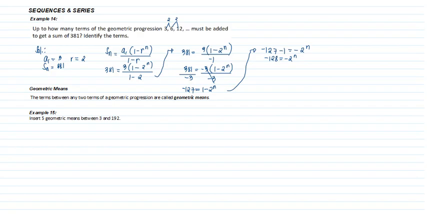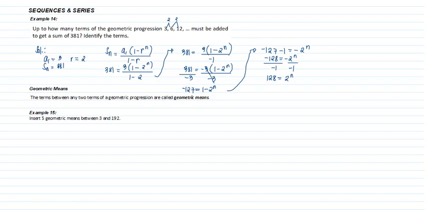But before we express negative 128 as a power of 2, we divide by negative 1 pala to make it positive. So we divide both sides by negative 1, so it would be 128 is equal to 2 raised to n.